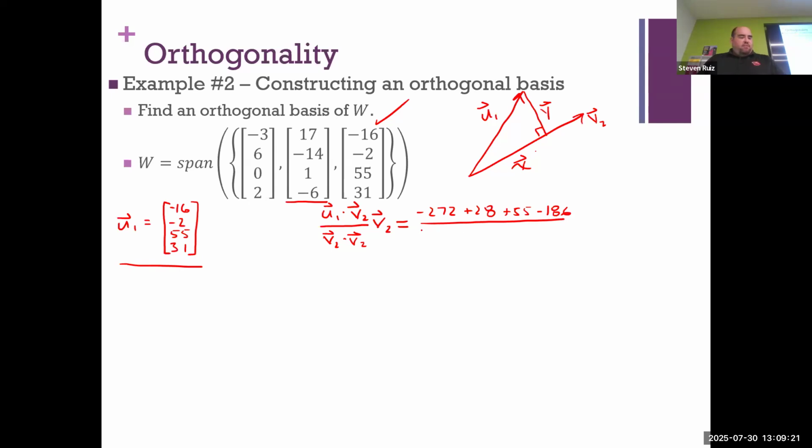And then V2 dot V2: 17 times 17, 289, plus 156, plus 1, plus 36. I believe that's all okay now.